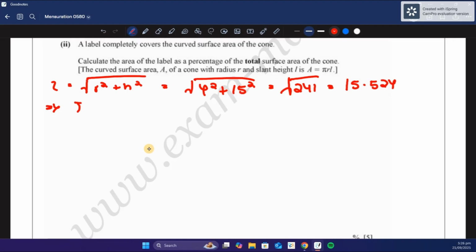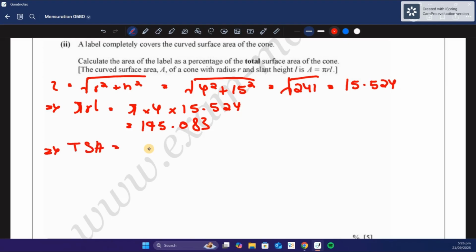The curved surface area would be pi r l, so pi into the radius 4 into l, we just found out the slant height l, 15.524. This would give us 195.083.